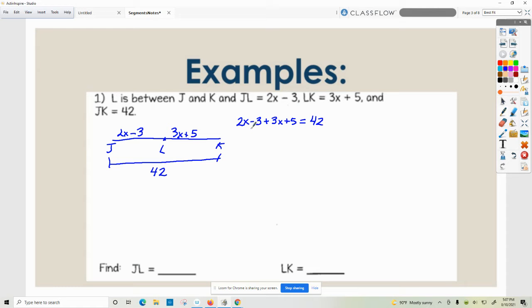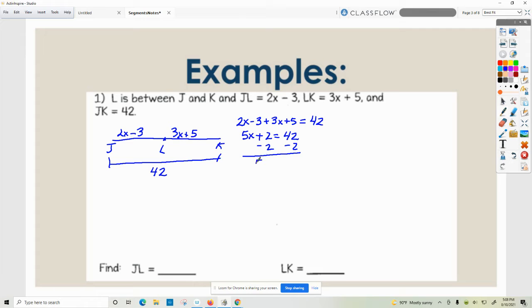2x plus 3x is your 5x. Negative 3 plus 5 is going to be your positive 2. And that is still equal to the length of 42. Well, I'm going to have to move my 2 over, so I would subtract 2 from both sides.